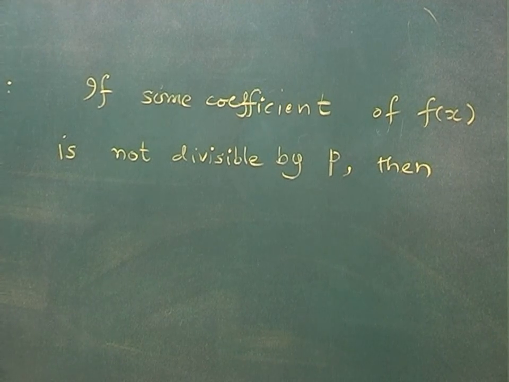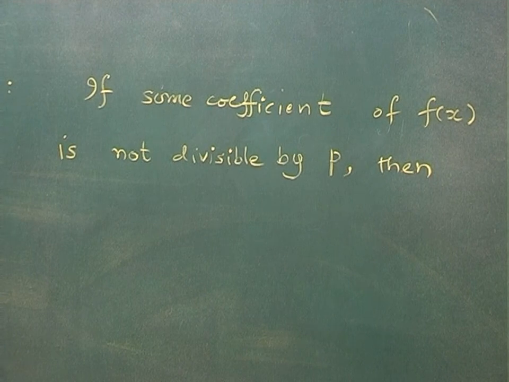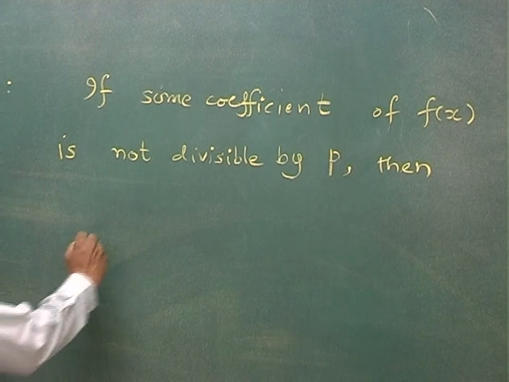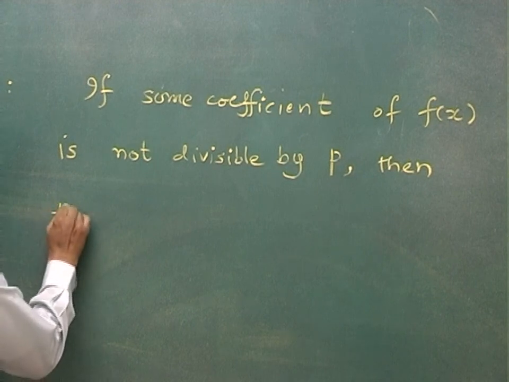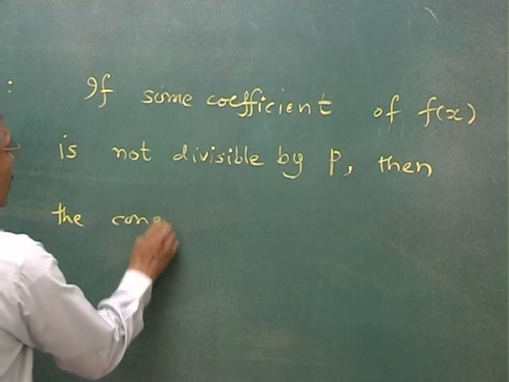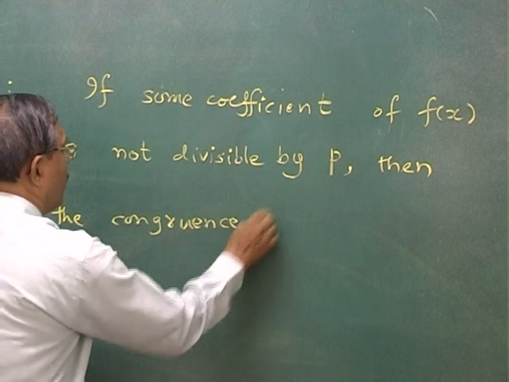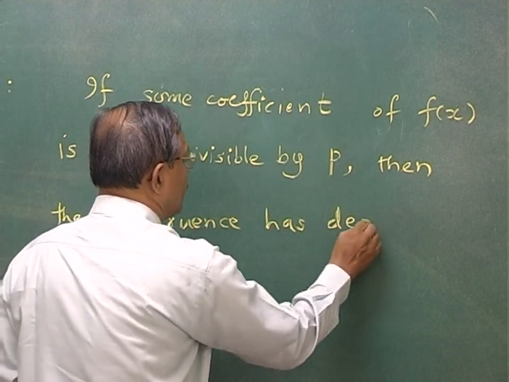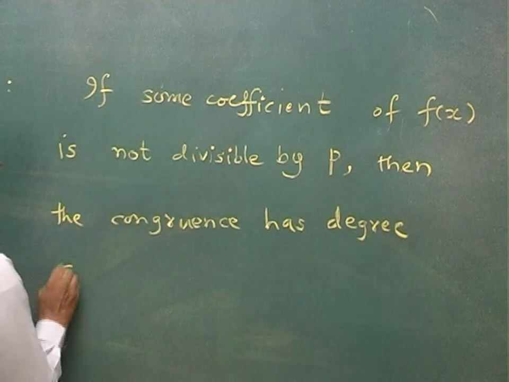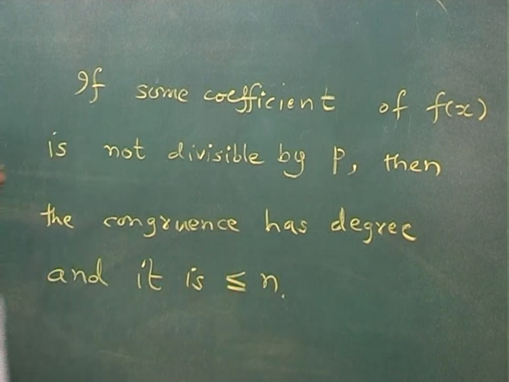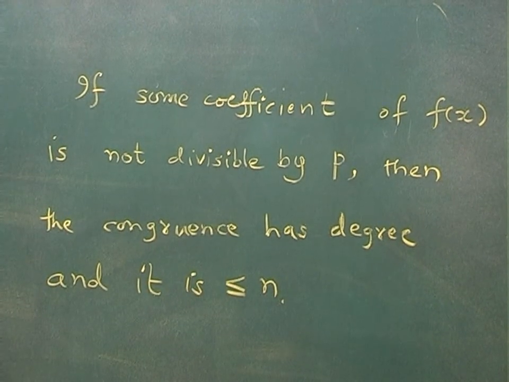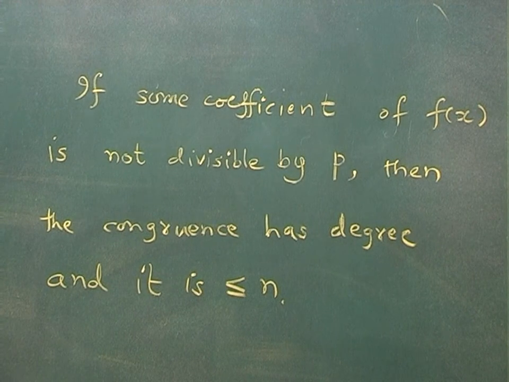But in any case the polynomial is of degree n, therefore the degree of the congruence is less than or equal to n, and therefore the number of solutions of the congruence must be less than or equal to n.